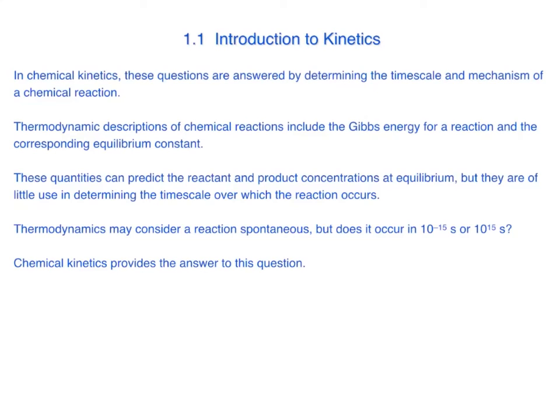Thermodynamics may consider a reaction spontaneous or non-spontaneous, but it doesn't give you a sense of the time scale, whether that reaction occurs over a very short time period or a very long time period. Does the reaction occur on the order of femto-, pico-, or nanoseconds, or is this a reaction that'll take hours or days? So chemical kinetics can provide answers to these questions, both the time scale of the reaction and the mechanistic details of that chemical reaction.